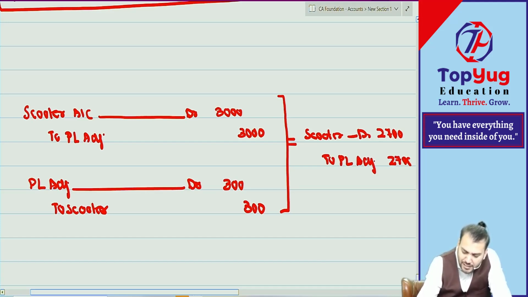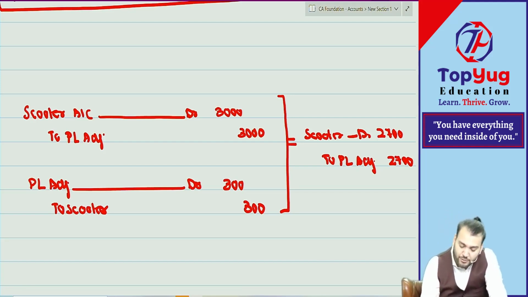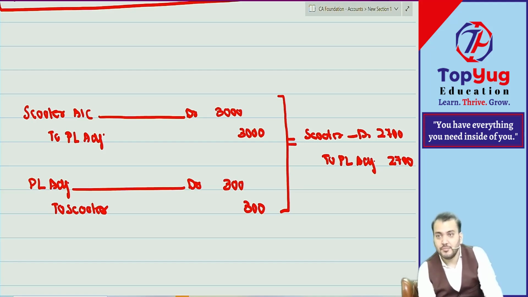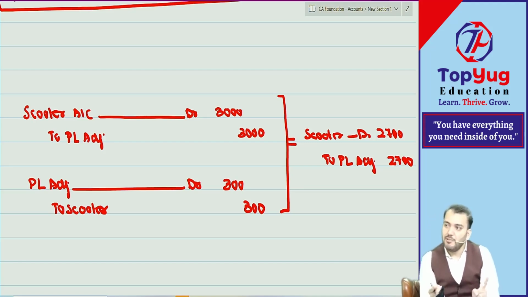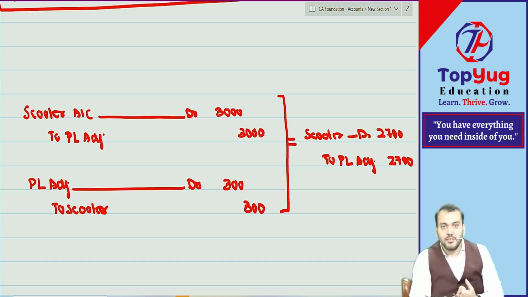So this net entry also you can do, or you can do the two journal entries. Marks will not be deducted in any case. Have you understood this point? So if you have understood, can you do the balance on your own? Because it is similar to second stage, only instead of nominal account, use what? PL adjustment account. So will you do it on your own? Correct? Do it on your own.